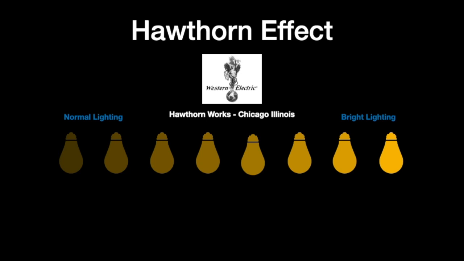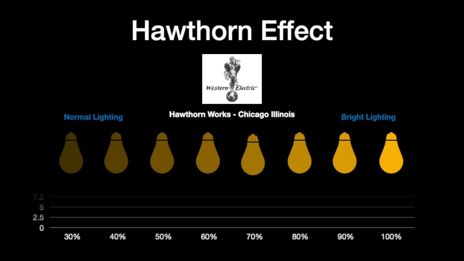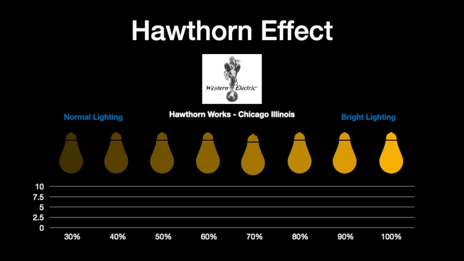And while they were making these incremental increases to the brightness of the lights in the factory, they were interviewing the workers and asking them about their work and productivity and measuring productivity, and they kept records on those things. So at the beginning, we're looking at regular productivity.